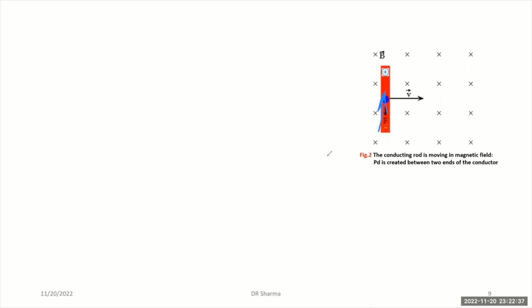As the number of electrons shifting downward increases, the upward force also increases. The magnetic field is exerting downward force, while that induced electric field is exerting upward force. So there is a kind of tug of war between two forces: one due to the applied magnetic field and the other due to the induced electric field.